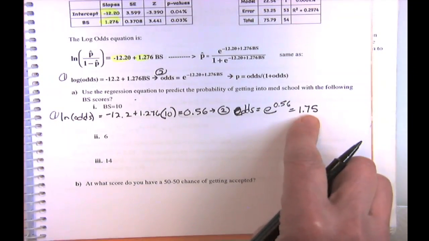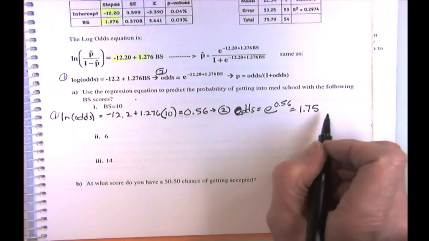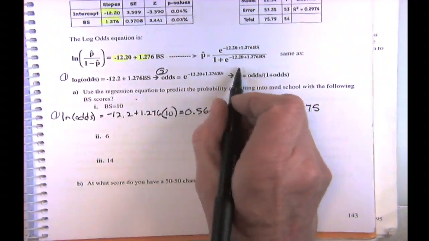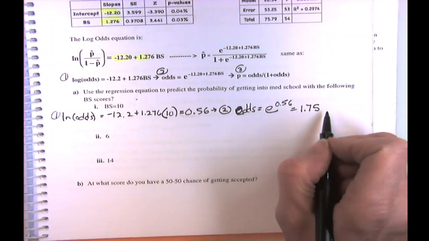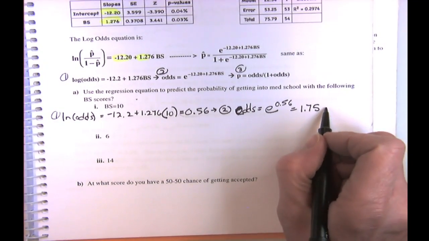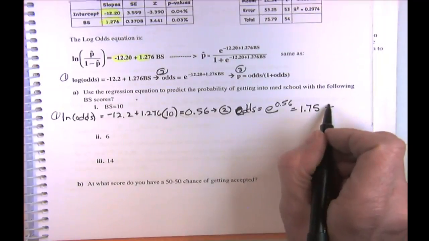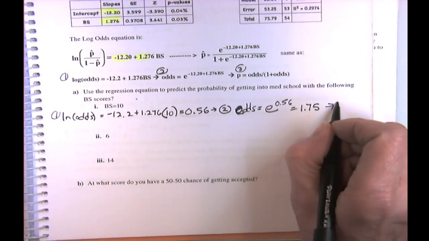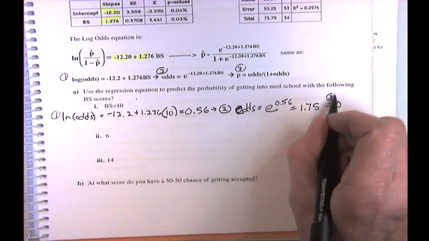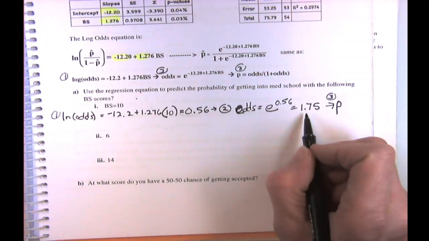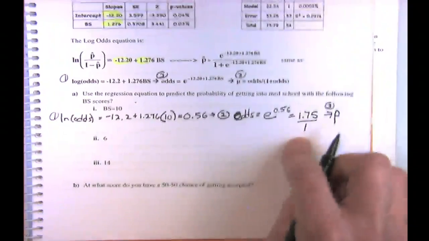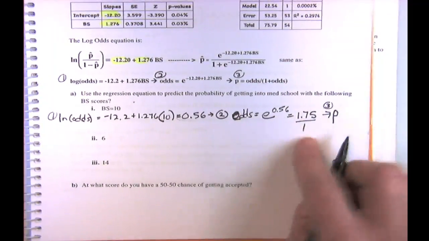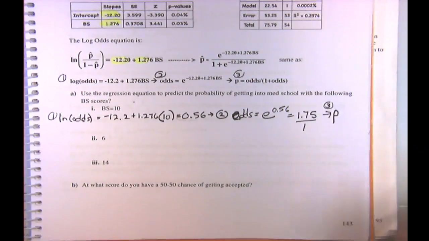Now that's the odds. Now to get P is our third step. So to get the P, the third step, what should I do? Well, how would you do it? Just imagine, put a 1 down there. It makes it much easier. So now you know how to do that, right?